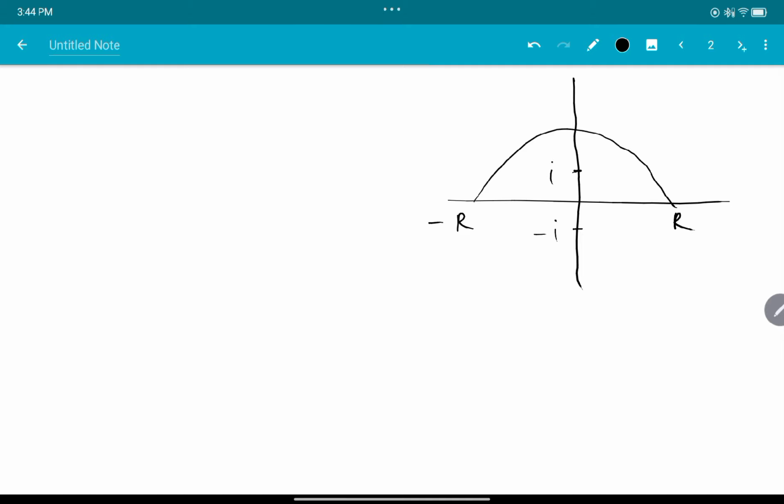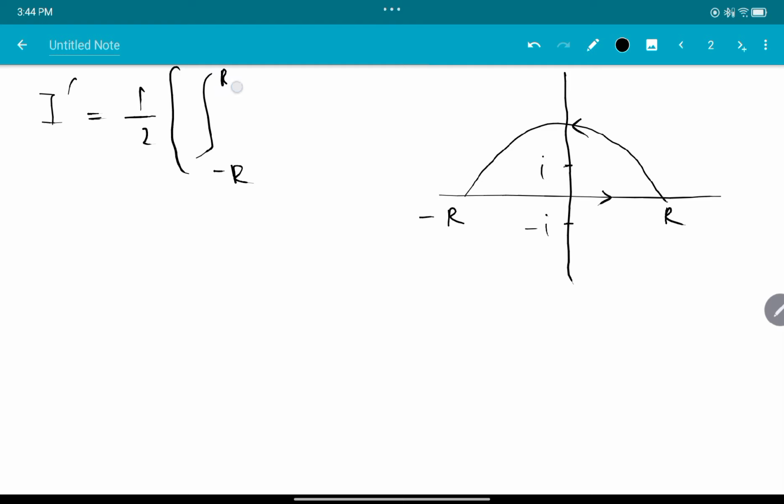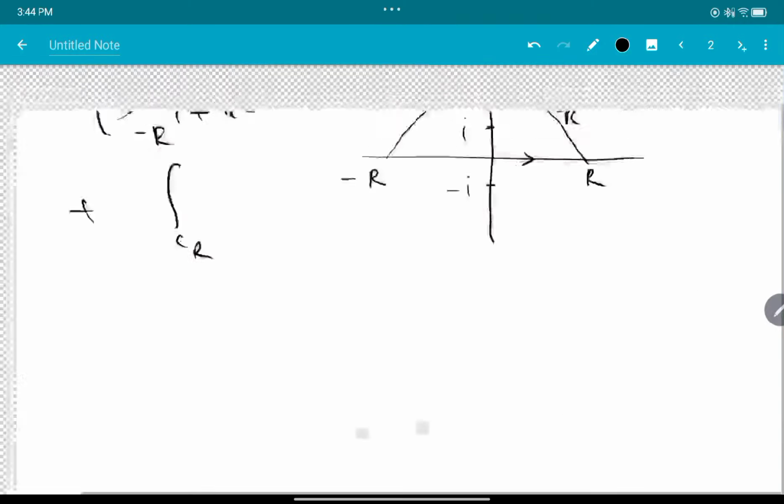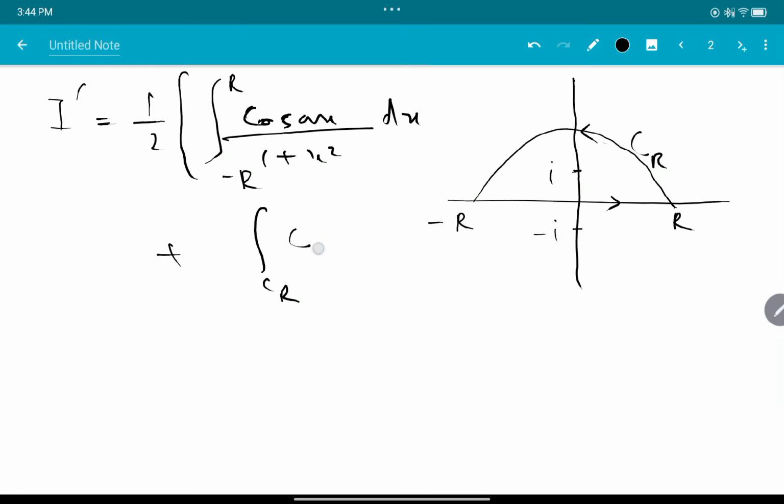But then we decompose this integral, which goes from minus r to plus r, into two integrals: one from minus r to plus r, a real integral of the function divided by 1 plus x square dx, and another, C r, the integral along this semicircular arc of the function divided by 1 plus z square dz.